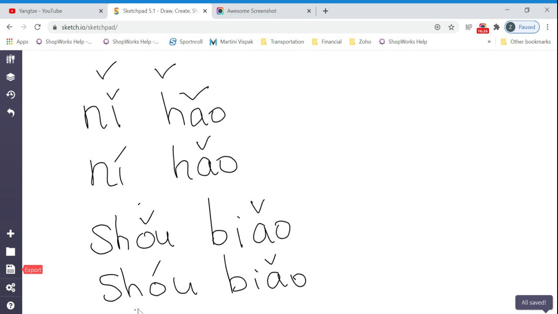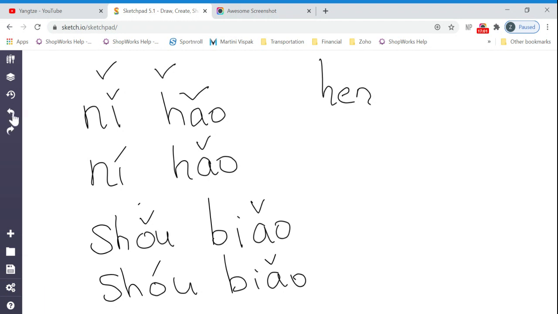So it becomes 手表. It means watch, a watch that you put on your wrist. A wristwatch, 手表.